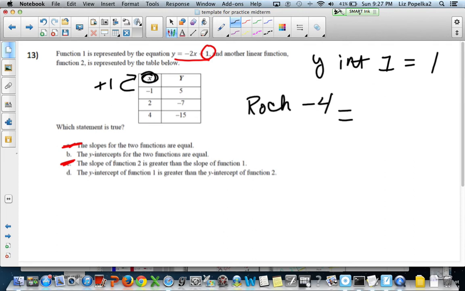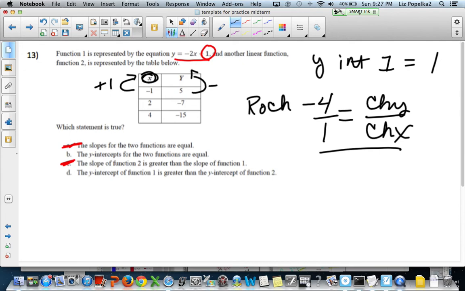A negative 4 means your change in y over your change in x. So that negative 4 is the same thing as a negative 4 over a 1. So if your x goes up by 1, that means your y goes down by 4. So if my x goes up by 1 to become a 0, my y is going to have to go down 4.